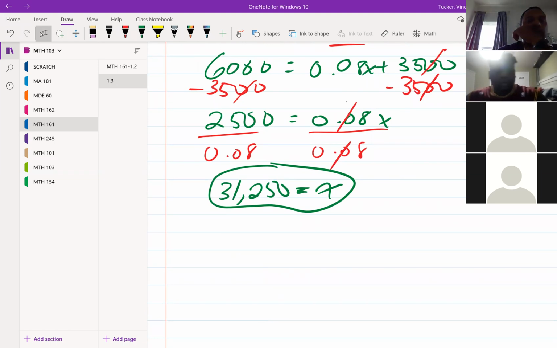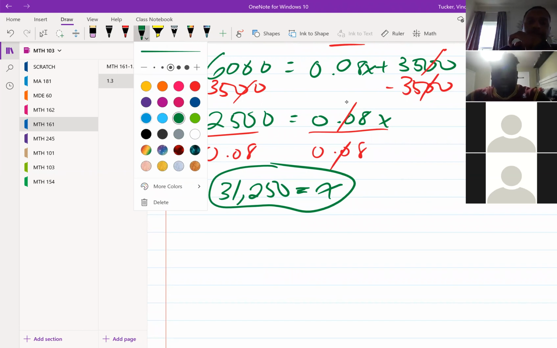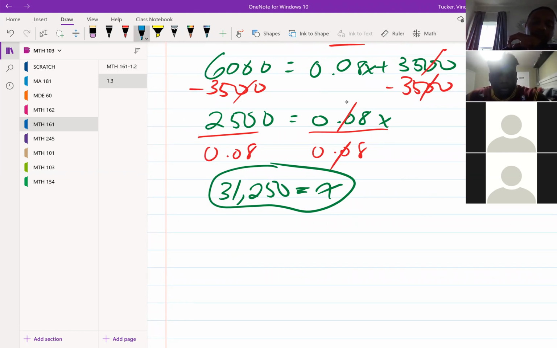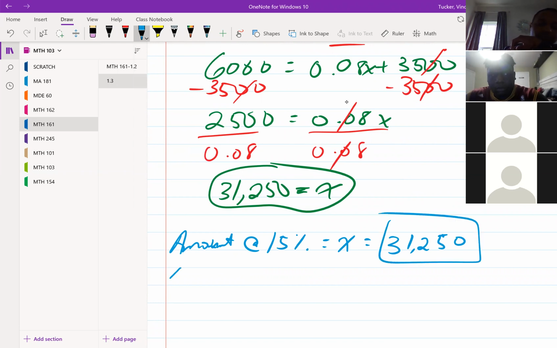All right, so don't forget to actually answer the question. Go back and talk about the amount at 15%, which is x, so it'll be 31,250. Then we have an amount, so 7% was 50,000 minus x.